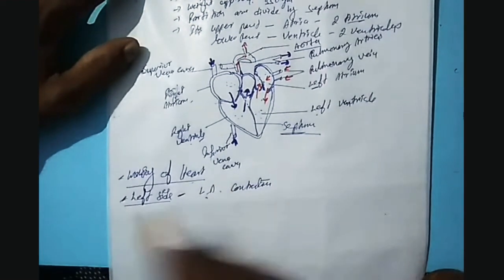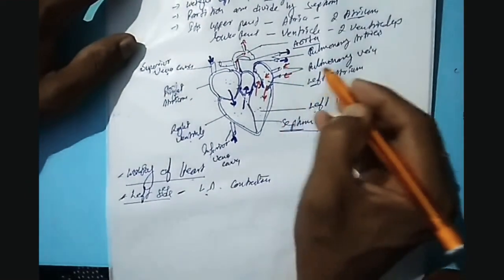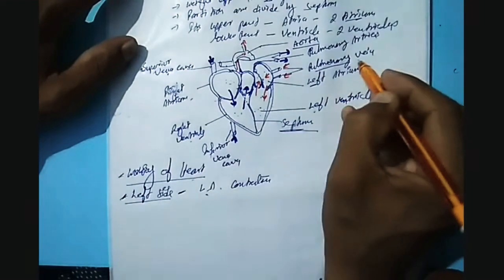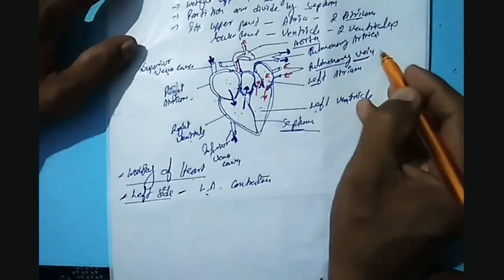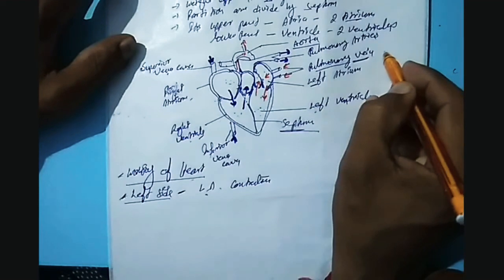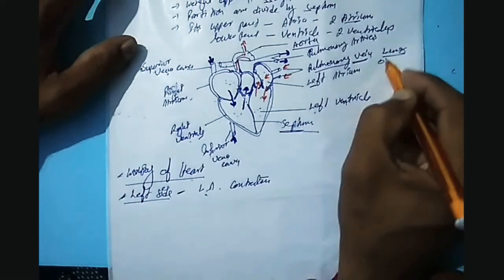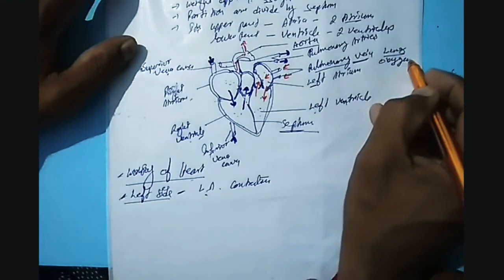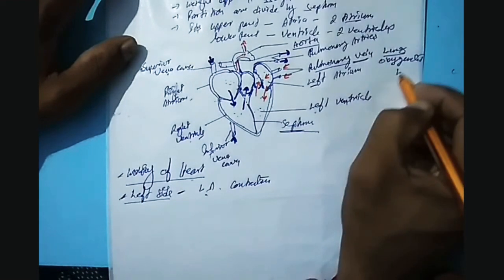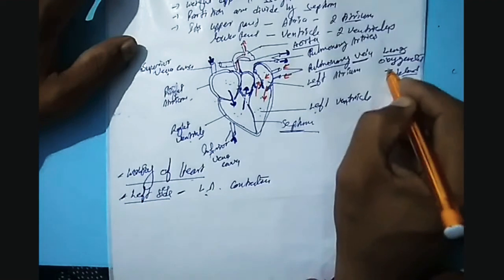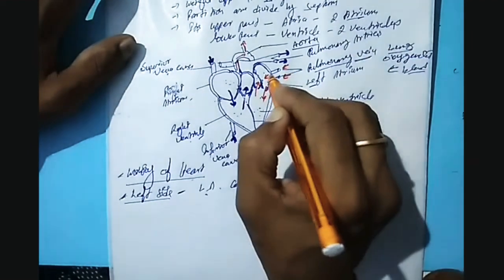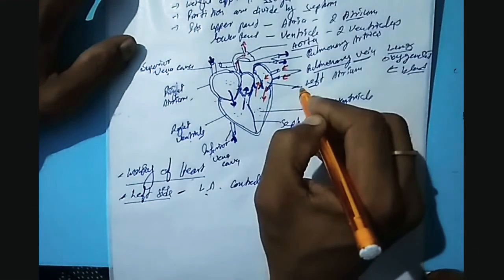The next topic is the working of the heart. Start with the left side. First of all, the pulmonary veins, which come from the lungs and carry oxygenated blood, release it into the left atrium.